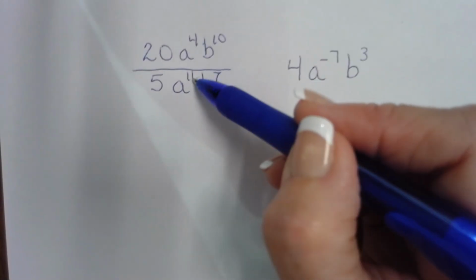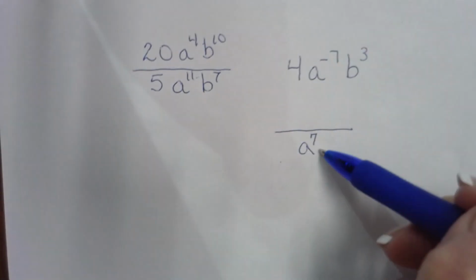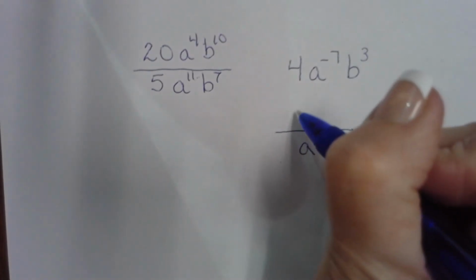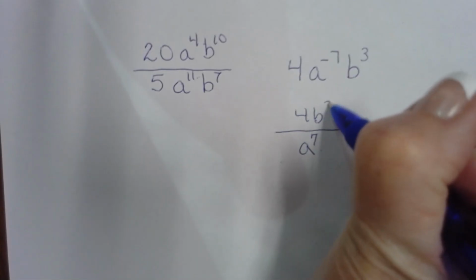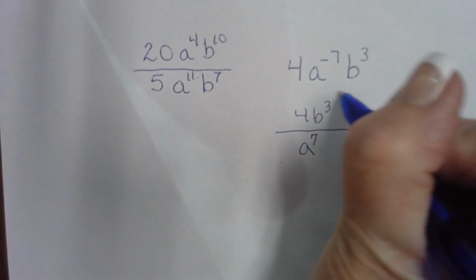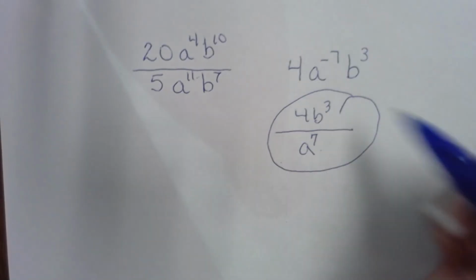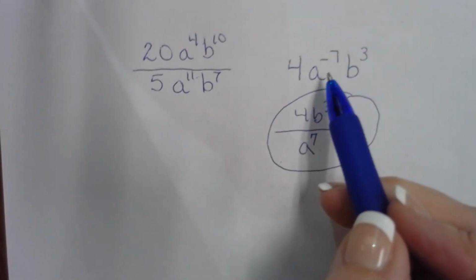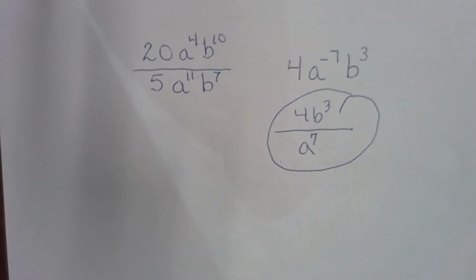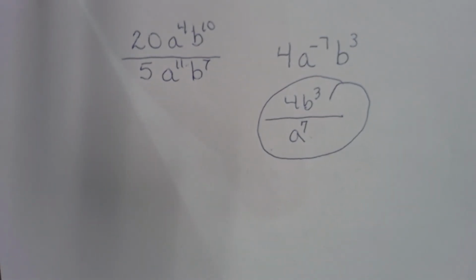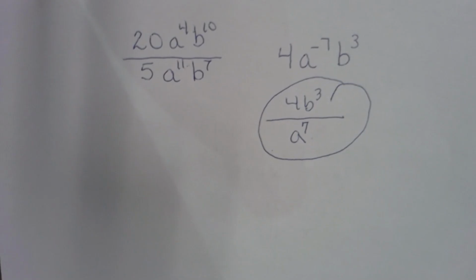So when you subtract, you get a 7, but since it's bigger on the bottom, it's just a to the 7th on the bottom. The 4 is still on top, and the b to the 3rd is still on top. This is completely simplified. This is not. Okay? Question on that?